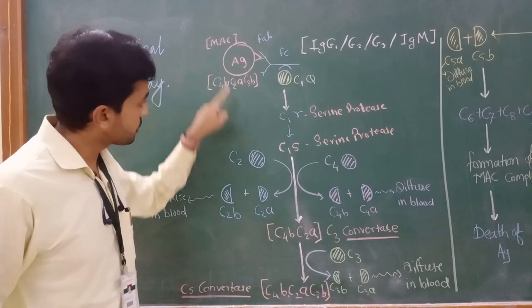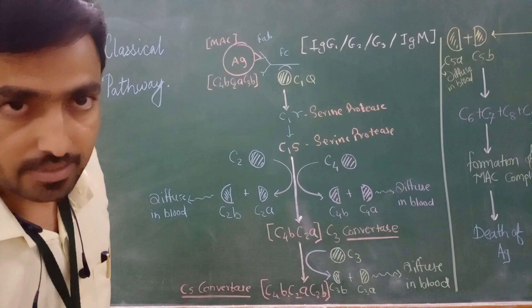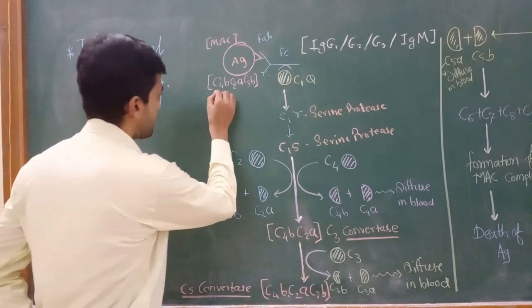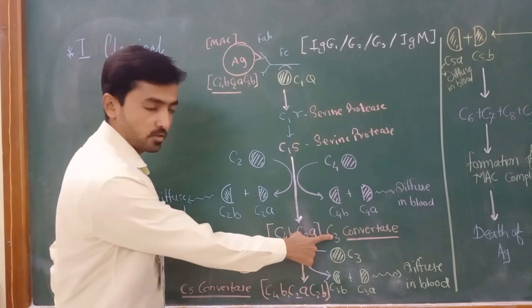Now a complex is produced on the antigen called the C4b2a complex, and this complex present on the antigen surface is called the C3 convertase complex.